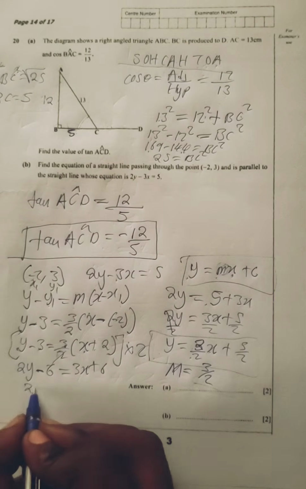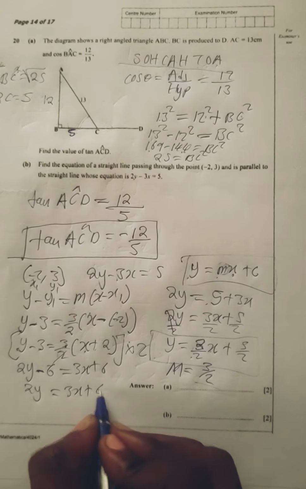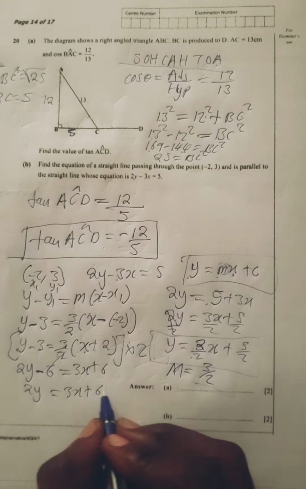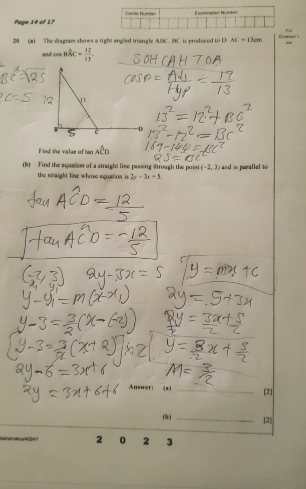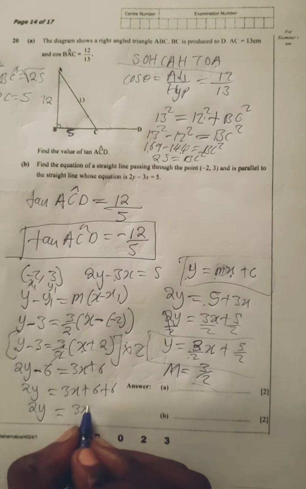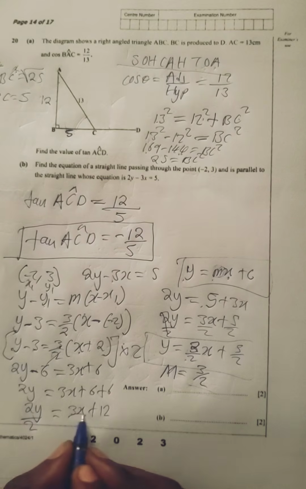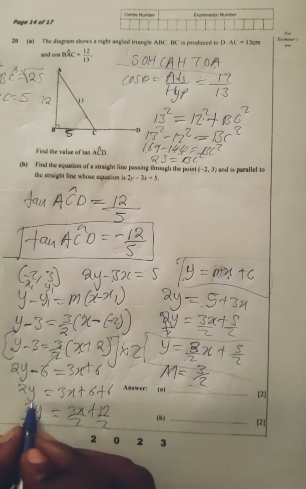From here now, 2y is equal to 3x plus 6. When this 6 comes this side, it will be plus 6 also. So we'll say 2y is equal to 3x plus 12. Then we divide by 2 throughout again.